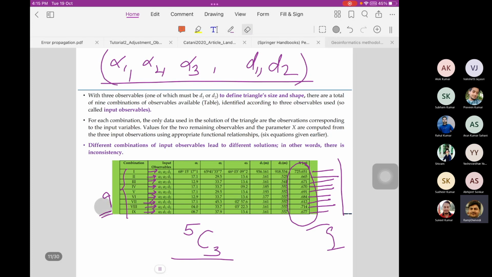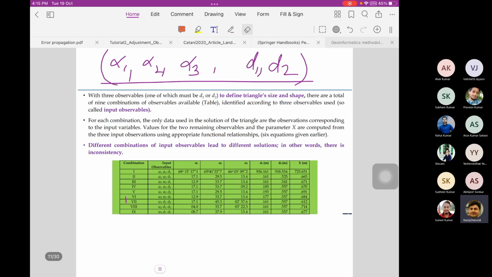This is the criticality which we need to understand, that we need to remove first. Different combinations of input observables lead to different solutions. In other words, there is an inconsistency.